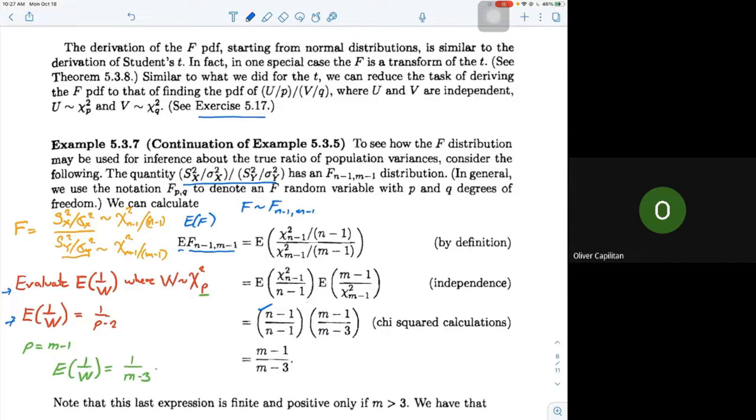So if we take p to be equal to m minus 1, the expectation of 1 over W will be equal to 1 over m minus 3. Our numerator still remains, so times 1 over m minus 3. Therefore, the mean of this random variable F will be equal to m minus 1 over m minus 3.